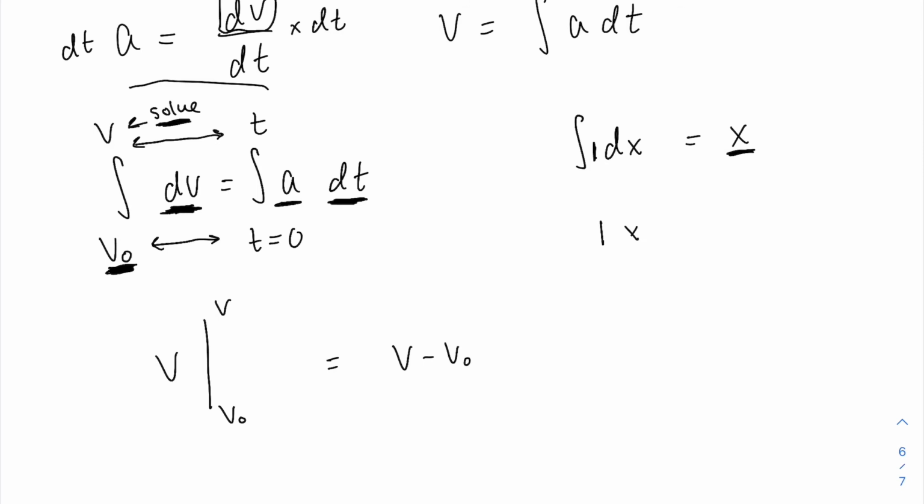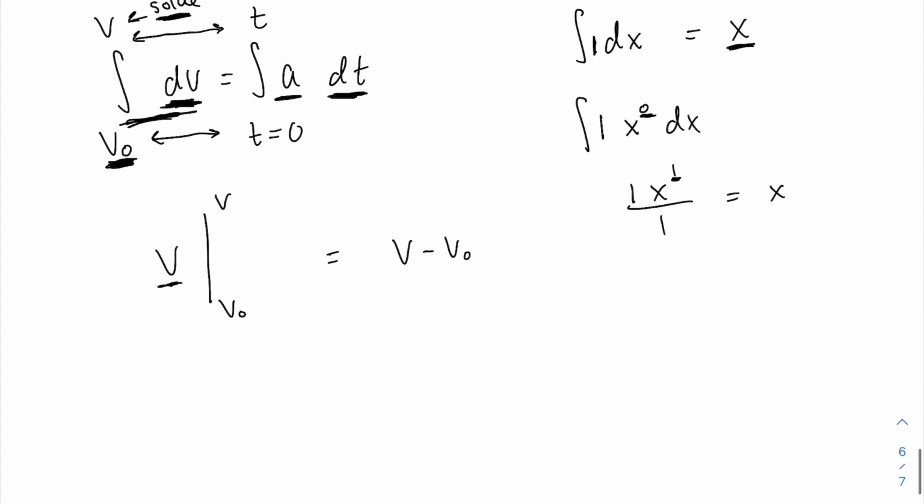You could think of it like this. Technically, this is 1 times x to the 0. And then using the integral rule that we've been looking at, we add 1 to our exponent, so 1 times x to the 1, and then we divide by the new exponent, 1. So we just end up with x. So that's why the integral of dv just gives us v.